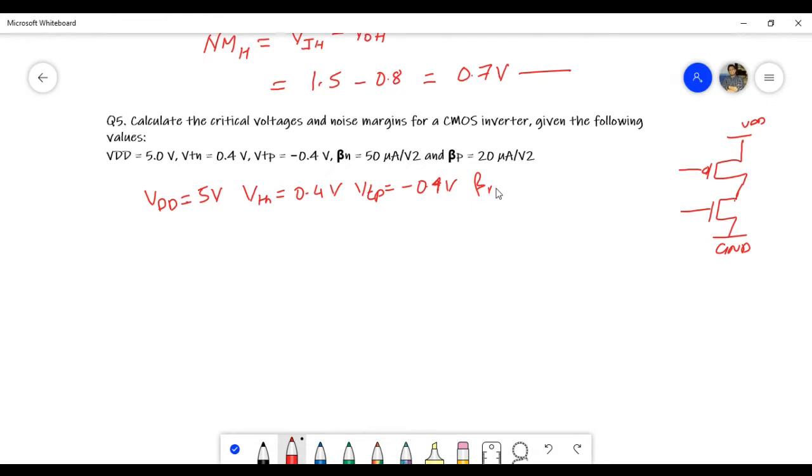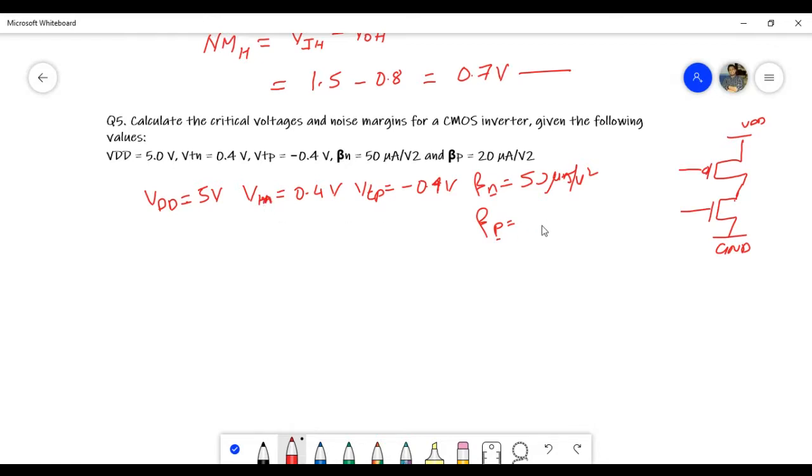And beta N is given as 50 microampere per volt square, and beta P is given as 20 microampere per volt square, where N is for the NMOS and P is for the PMOS.